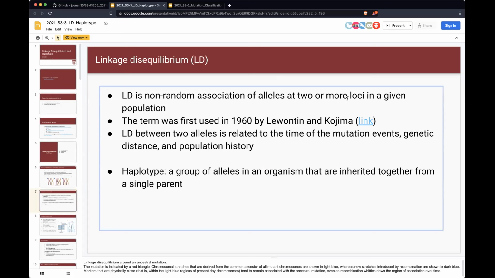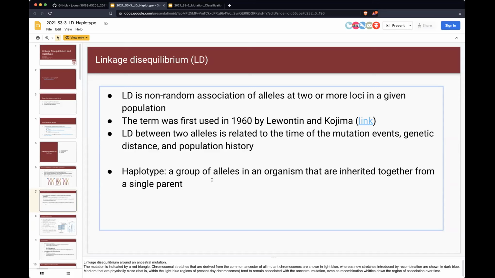Okay, so LD between two alleles is related to the time of the mutation event and genetic distance, like the physical distance on the chromosome, and also the human population history, but also the population history of other natural organisms.